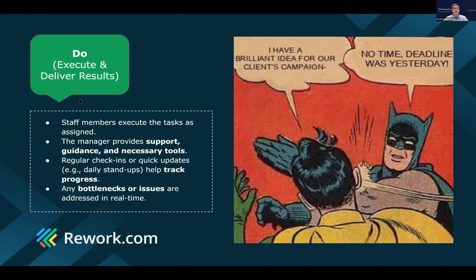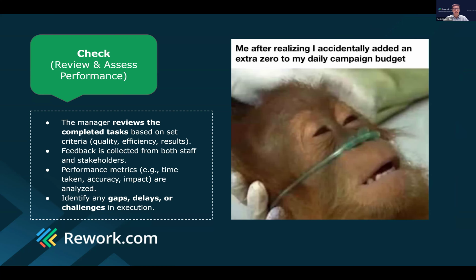And after the team member delivers the results, it will go to the check stage, where the managers will review the completed task based on the set criteria, like the quality or efficiency or the results.